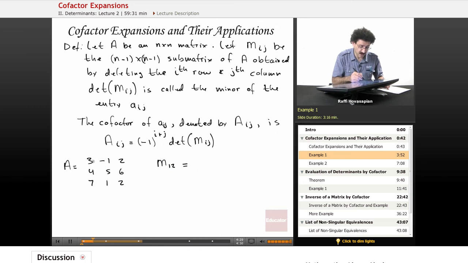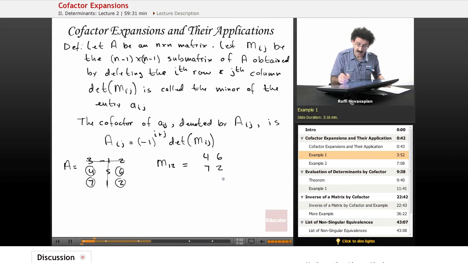So if I knock out the first row, second column, I'm left with 4, 6, 7, and 2. That's all this means. First row, second column, go back to the original matrix, cross out, and the numbers you have left over form the submatrix, in this case 2 by 2, because the original was 3 by 3, so it becomes n minus 1 by n minus 1.